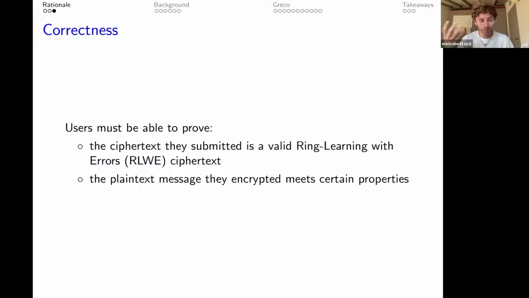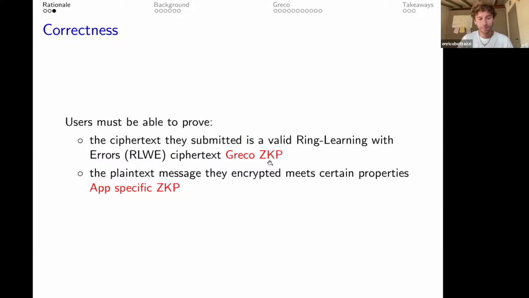So the second thing that we also need to prove is that the plaintext message that has been encrypted is meeting certain properties. And we cannot separate the concern of these two types of proofs. The first one is a more general one, and this is what is addressed by Greco, what I'm going to present to you today.